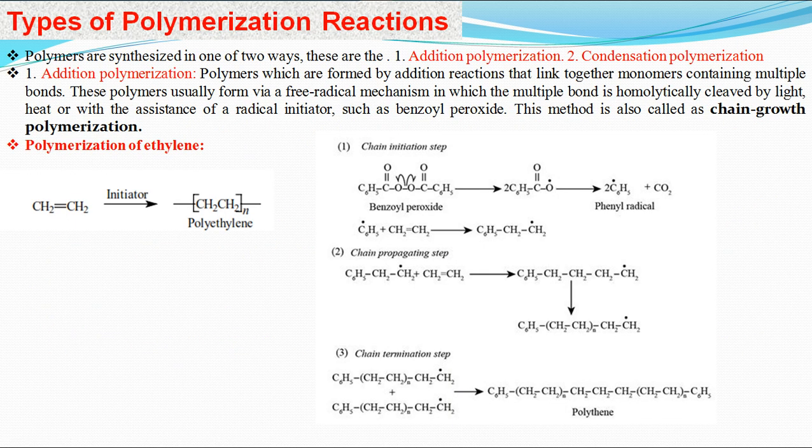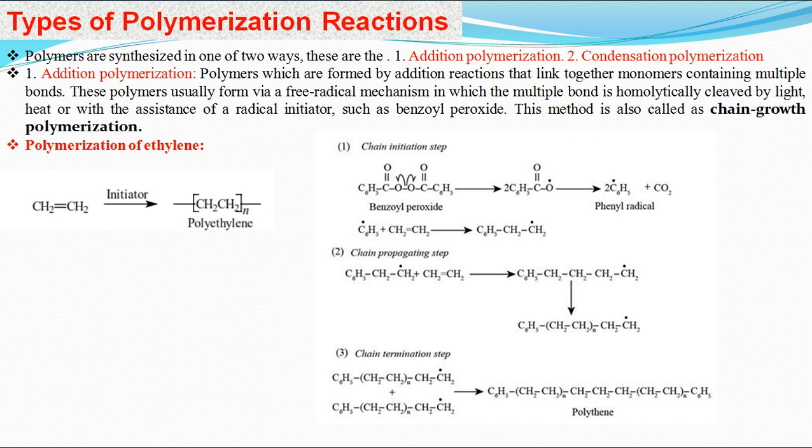Types of polymerization reaction. Polymers are synthesized in two types. One is addition polymerization, another is condensation polymerization. In addition polymerization, the polymers are formed by addition of monomers having multiple bonds.